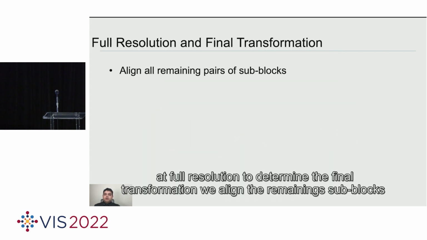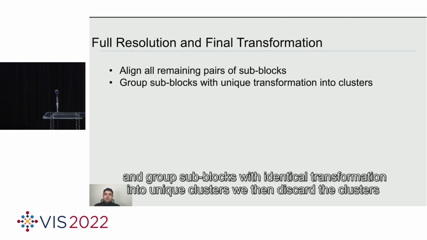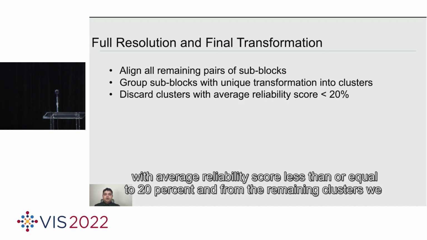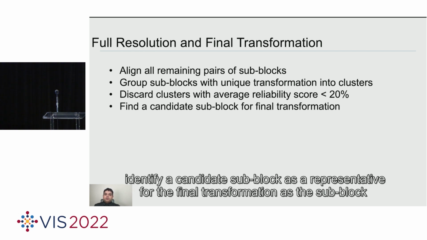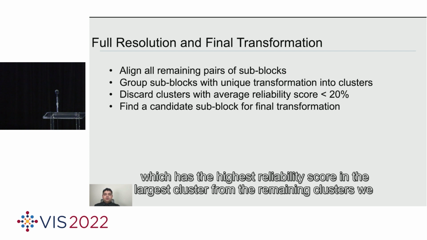At full resolution, to determine the final transformation, we align the remaining subblocks and group subblocks with identical transformations into unique clusters. We then discard the clusters with average reliability score less than or equal to 20%. From the remaining clusters, we identify a candidate subblock as the representative for the final transformation, as the subblock which has the highest reliability score in the largest cluster.